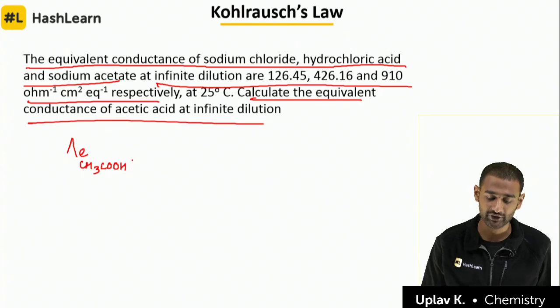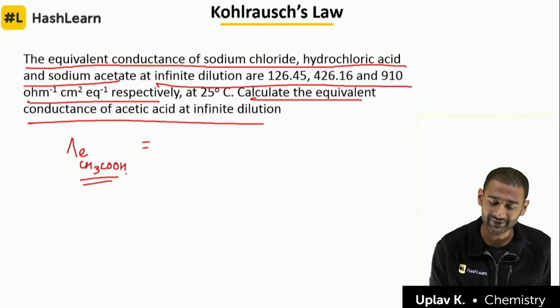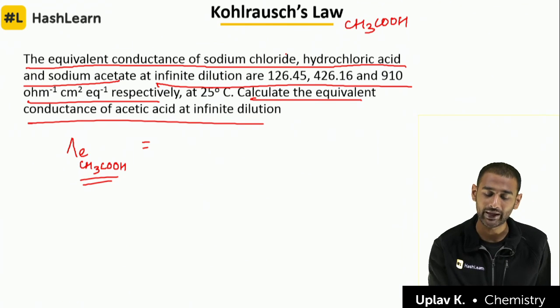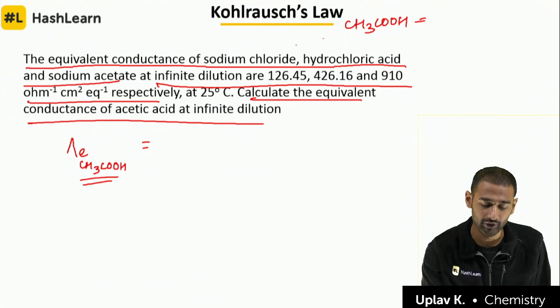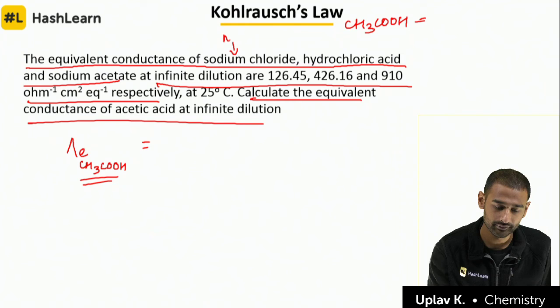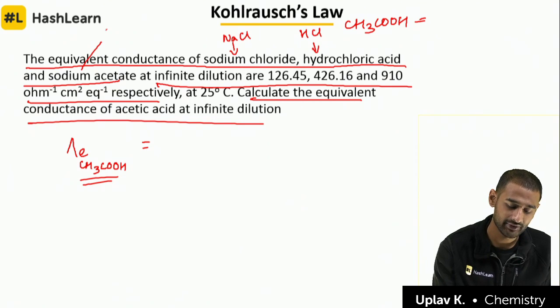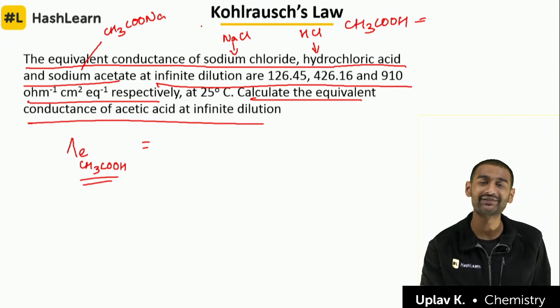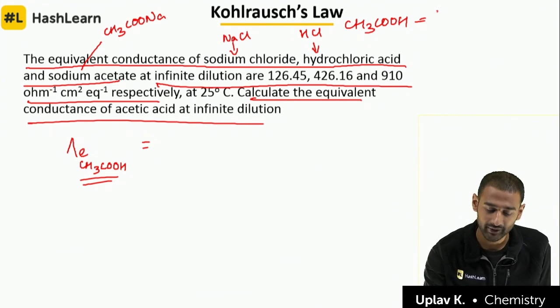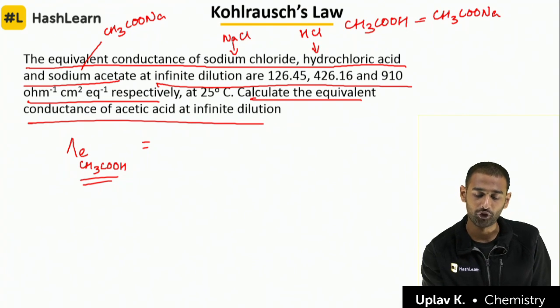Make it like a simple mathematical equation. Now how will I get CH3COOH from what I have here? This is NaCl, this is HCl and this is CH3COONa. I will get it from CH3COONa. Now what do I want to add?